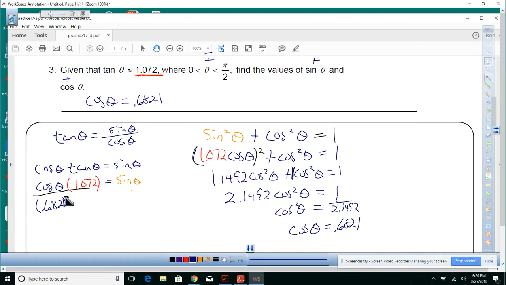Now I'm going to substitute that in here, 0.6821, and then I'm going to multiply that times 1.072, and that will equal sine theta.